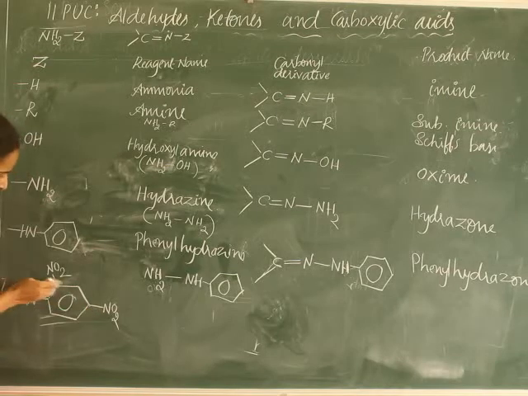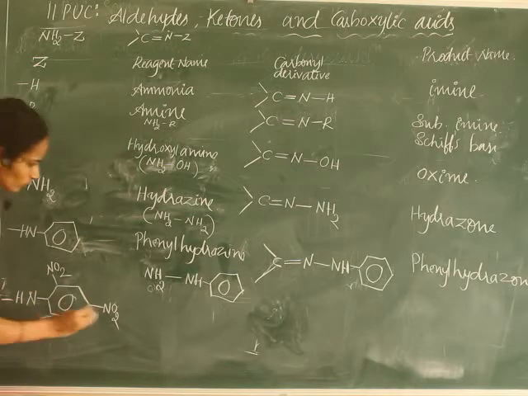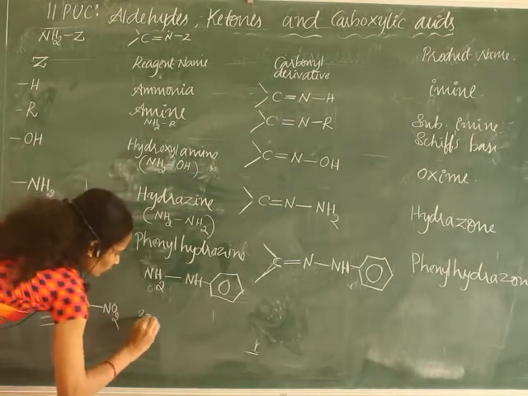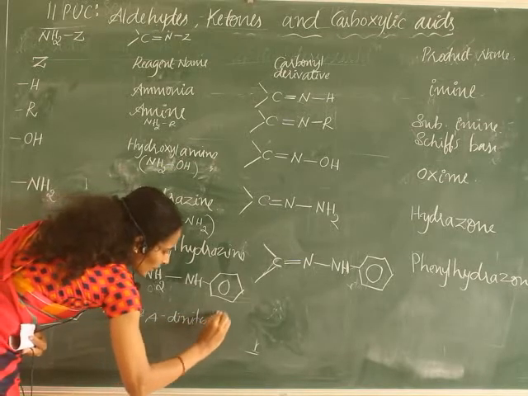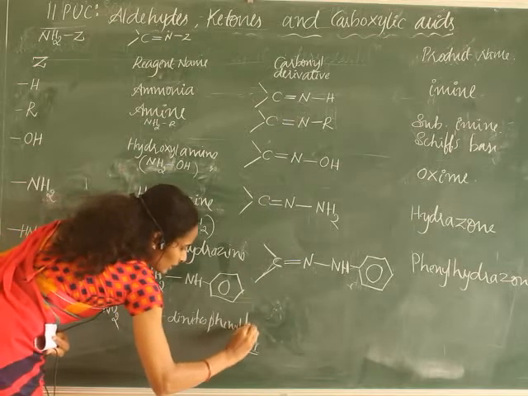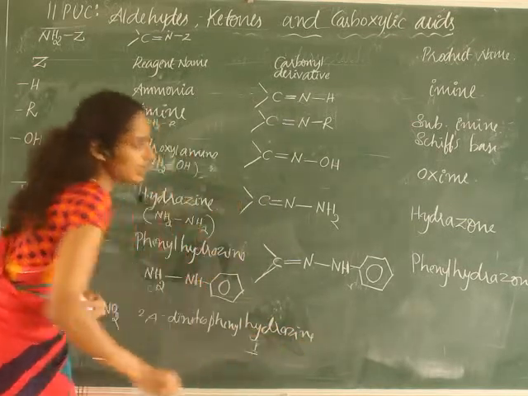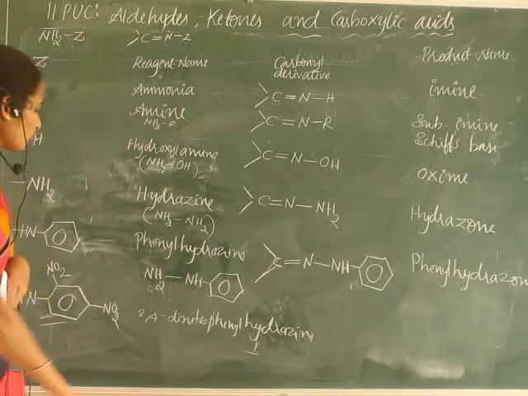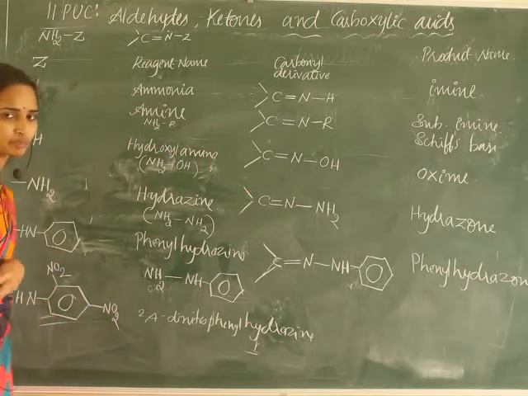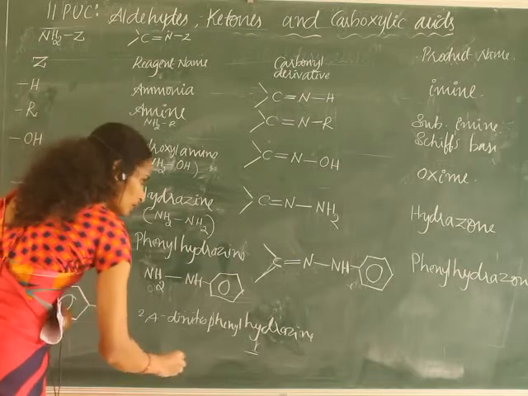Because of the presence of these two nitro groups, this compound is 2,4-dinitrophenylhydrazine. Important one, and this experiment is there in your practicals also. Experiment is not there, but for viva this is there. 2,4 DNP test for aldehydes and ketones.